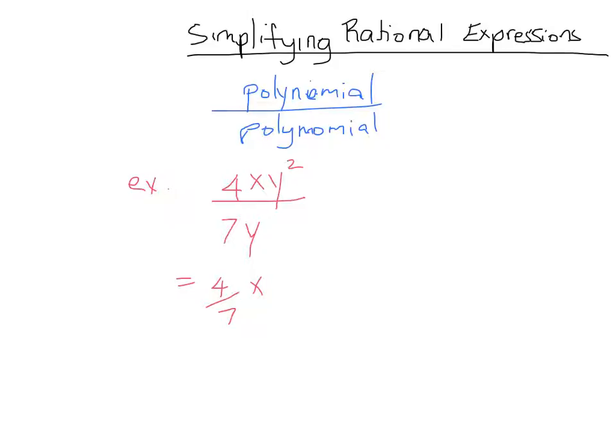We have y squared on top and y to the first on the bottom. Remember that when you divide numbers or variables, you subtract the exponents. So we have y to the 2 minus 1, which is just y. So this is our simplified expression. But we're going to move on to a more fun one that challenges us a little bit more.